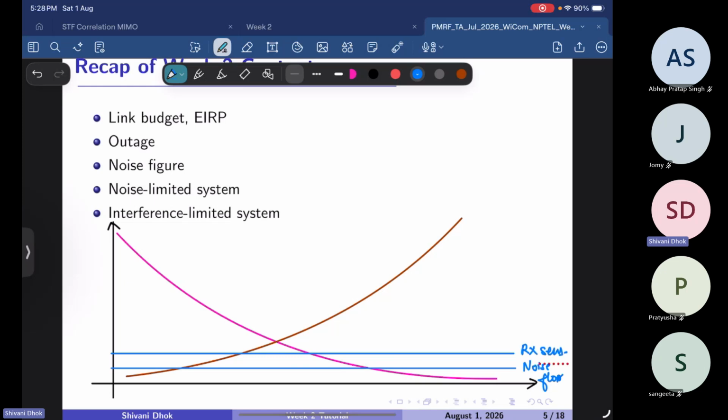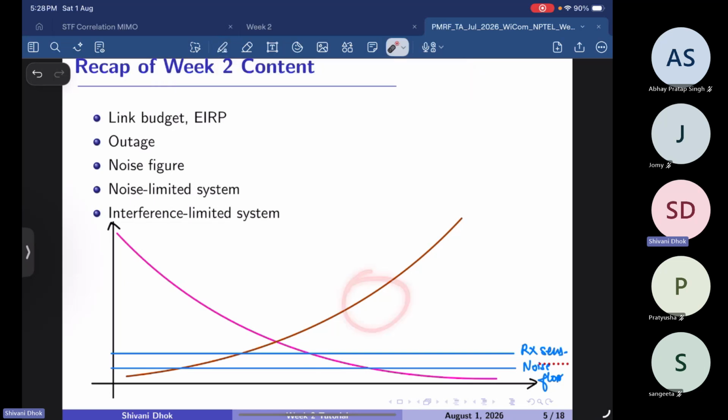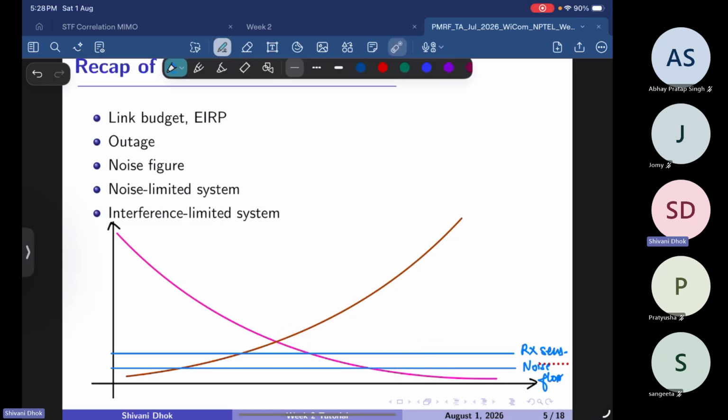But at the same time, this particular signal is also going to affect you, especially when you are lying in this region. Here in this region, your interfering signal has a higher signal strength compared to your transmitted or desired signal.